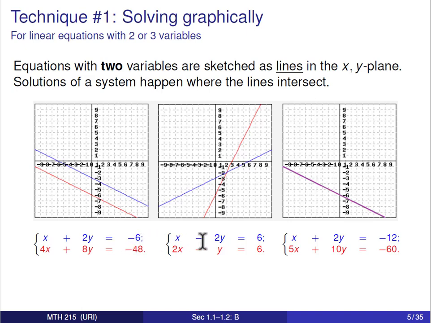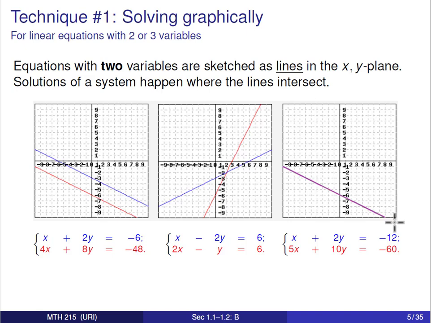I've shown three examples here of pairs of lines, and you'll see different possibilities. They may not intersect at all, they may intersect in one point, or in this last example, the two equations describe the same line. The one line lies right on top of the other line.